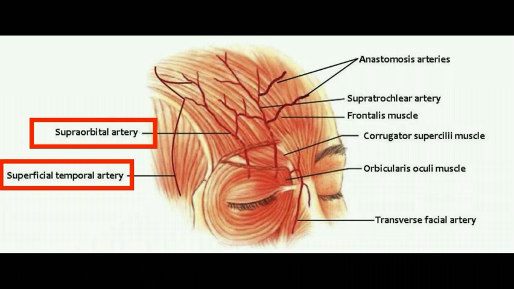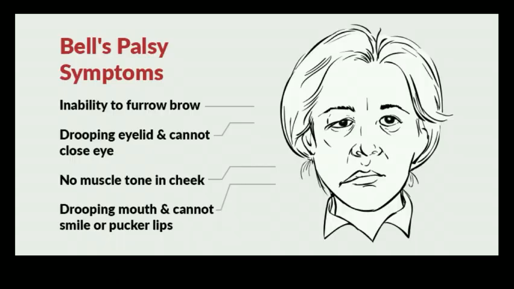To understand a little bit about the applied anatomy of orbicularis oculi, now when there is an injury to the facial nerve, I will not go into the details of the injury, whether it is supranuclear or infranuclear. I will just mention it briefly. Now, when there is an injury to the facial nerve, it mostly results in a condition called Bell's palsy.